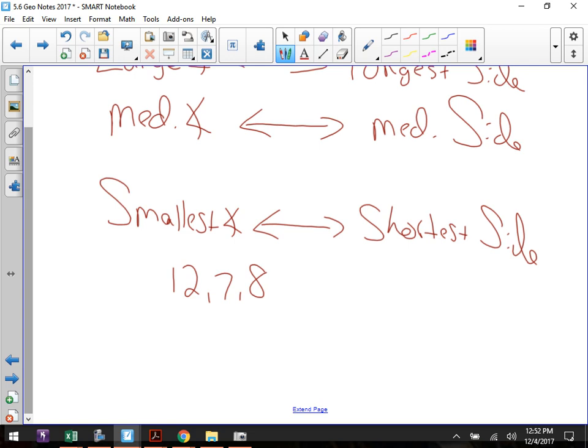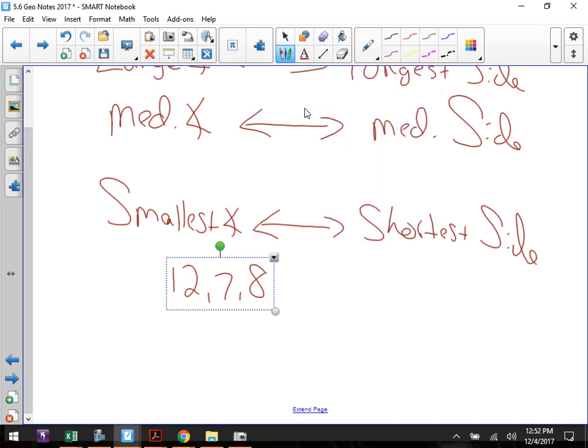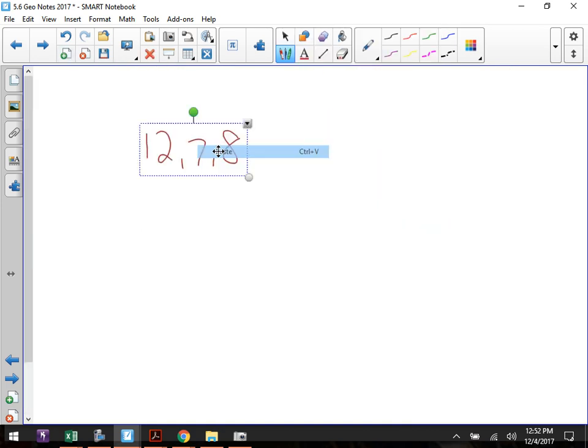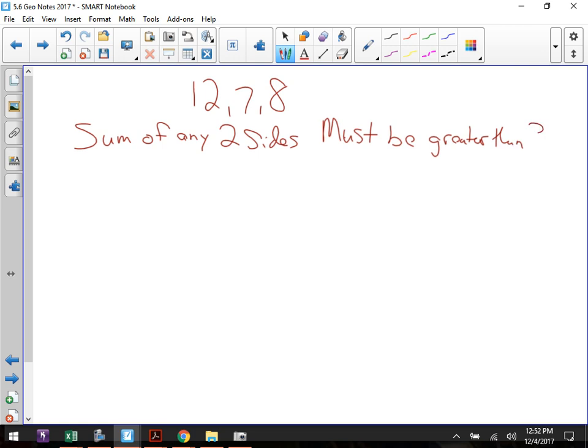Every time, in order to make a triangle, the sum of two sides must be greater than the third. In order to make a triangle, the sum of any two sides must be greater than the third, otherwise it won't work.